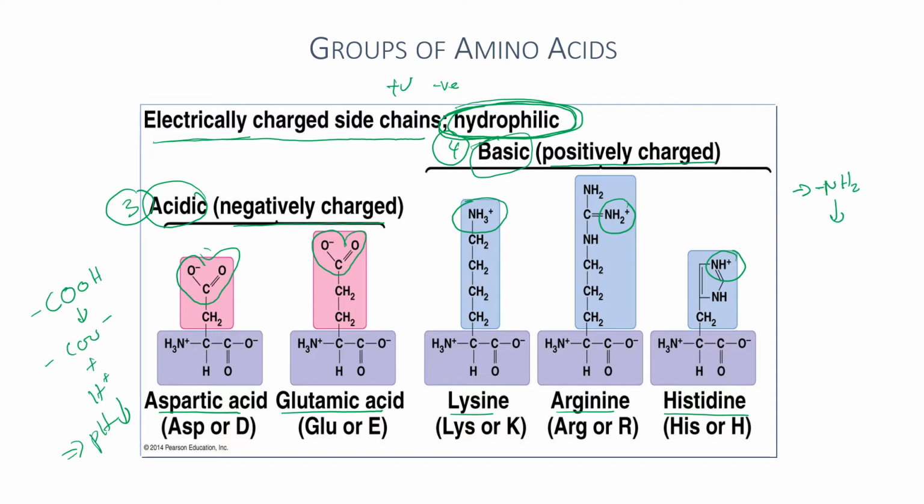When ionized in water, it becomes NH3 plus, because this amino acid will take up hydrogen ion from the surrounding solution, causing the pH of the solution to increase. The excess hydrogen ion in the solution will form bonds with the amino group to become NH3 plus. So the amino acid will have a positive charge.